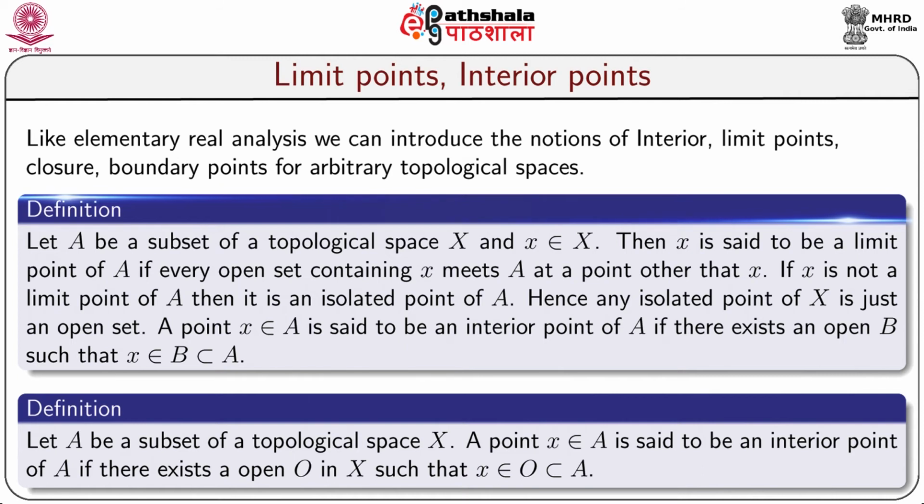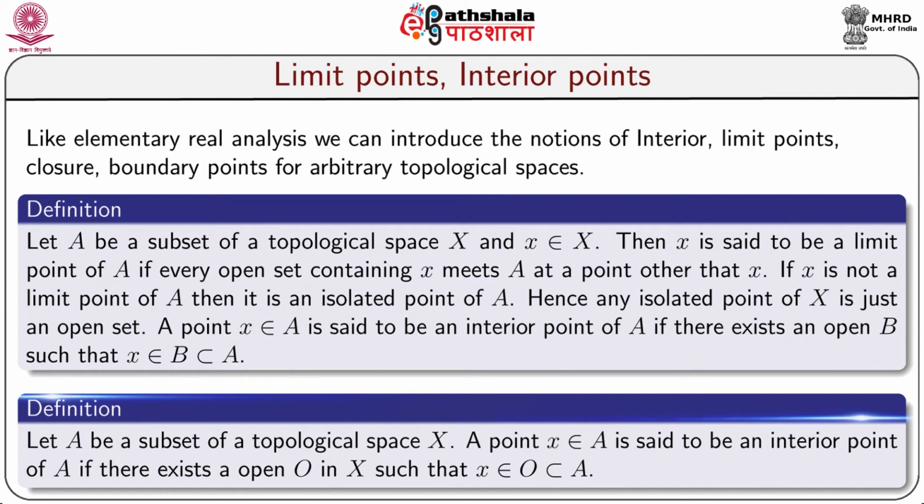Now, let us define what is called an interior point. Definition. Let A be a subset of a topological space X and x be a point in A. Then x will be called an interior point of A if there exists an open set containing x which is contained in A. We know from elementary real analysis that a set A is open if and only if each of its points is an interior point.